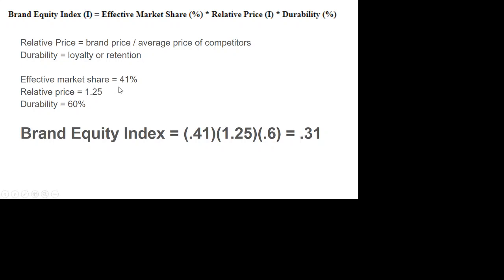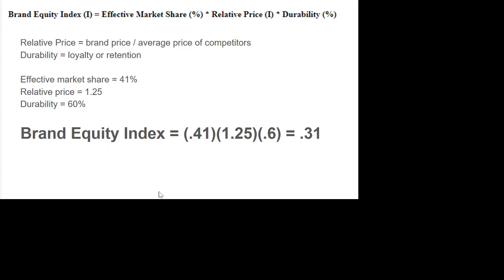It's just an index number. So if the relative price was 1, then that would mean that your price is exactly the same as the average competitor's price. If it's less than 1, that means you're less expensive. If it's more than 1, that means you're more expensive. Okay, so in this situation, we are more expensive to the tune of 25% more. Okay, hopefully that makes sense.